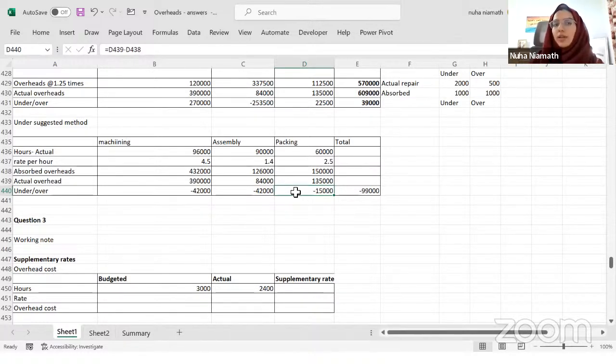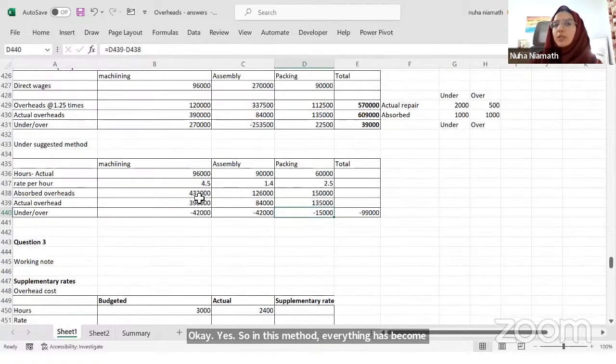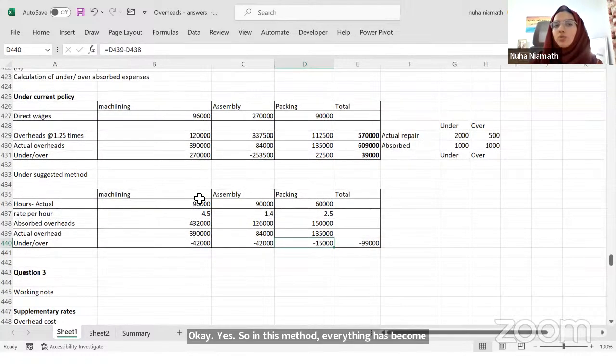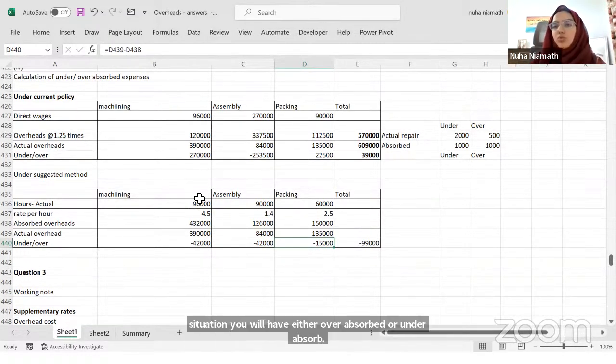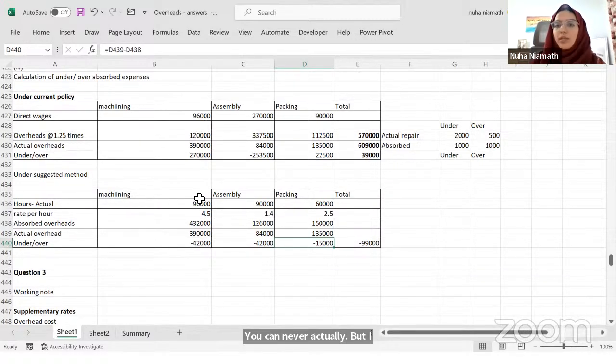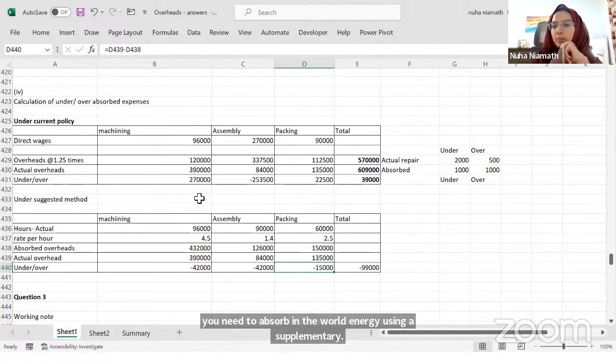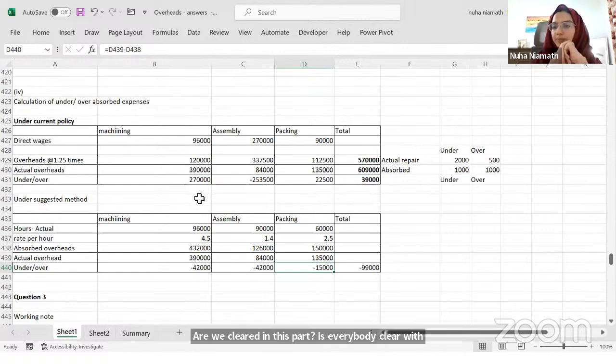So in this method, everything has become over absorbed, right? So based on your absorption rate, you're absorbing. One thing you can notice from here is that in almost every situation, you would have either over absorbed or under absorbed. You can never actually predict how much overheads you will be incurring. So there will always be an under or over, which you need to absorb into good units using a supplementary rate. Are we clear till this part? Is everybody clear with this question?